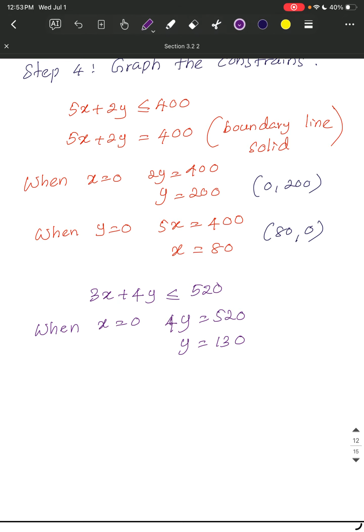When y equals 0, what happens? 3x equals 520, x equals 173.33. So the points are 0, 130 and 173.33, 0.